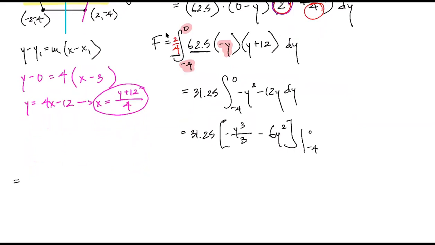And so that is going to give me 31.25 times 0 when I plug in 0, minus, plug in a -4, that'll give me 64 over 3, and then minus 6 times 16 will give me 96.